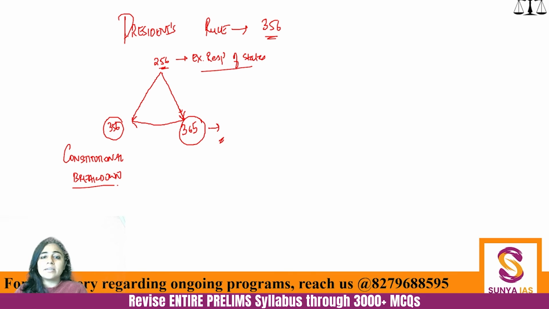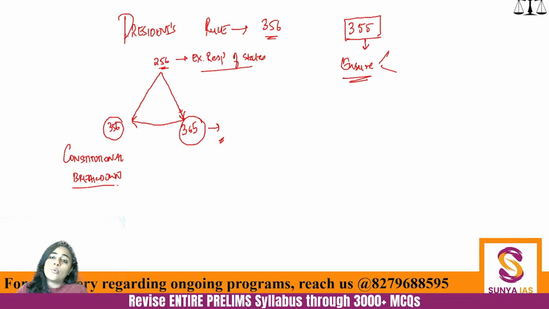There is another article, article 355. 355 talks about the duty of the union. And what is the duty of the union? To ensure two things. One, that the government is going on according to the constitution. And one is about the safety and security of the state.